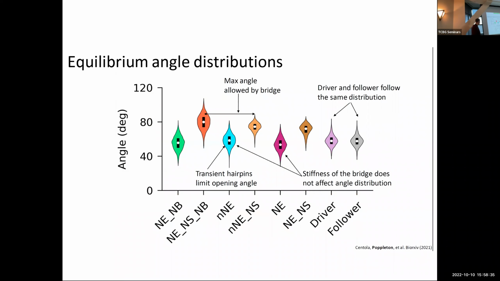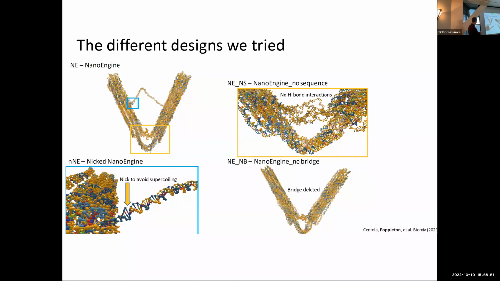So the main conclusions were that in our simulations, we of course don't have the T7 polymerase, so we just apply a force of 17 piconewtons and pull the two ends together. We didn't see any effect if we completely deleted the bridge or introduced the nick.